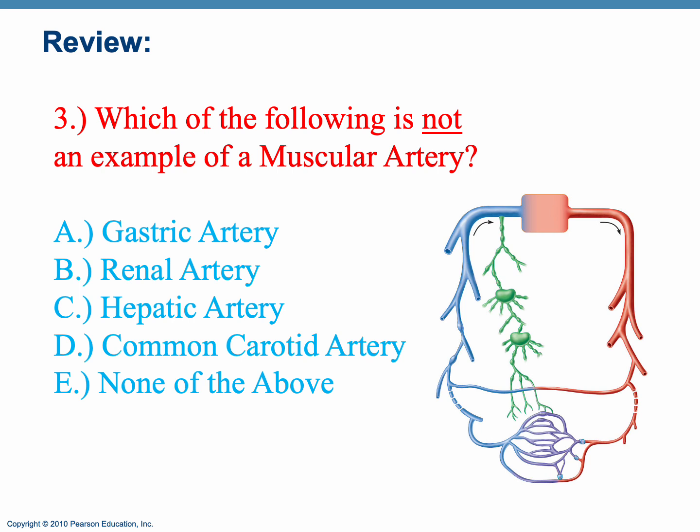All right, and the correct answer here, I would go with choice letter D. So letter D, the common carotid artery is not a muscular artery because instead it's an elastic artery, right? Elastic artery.